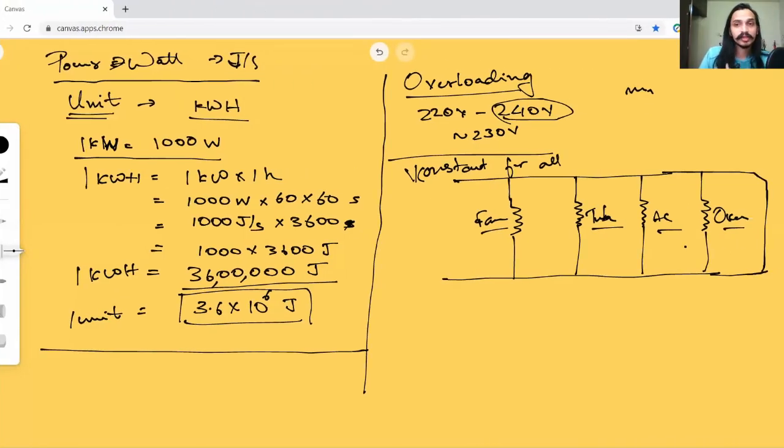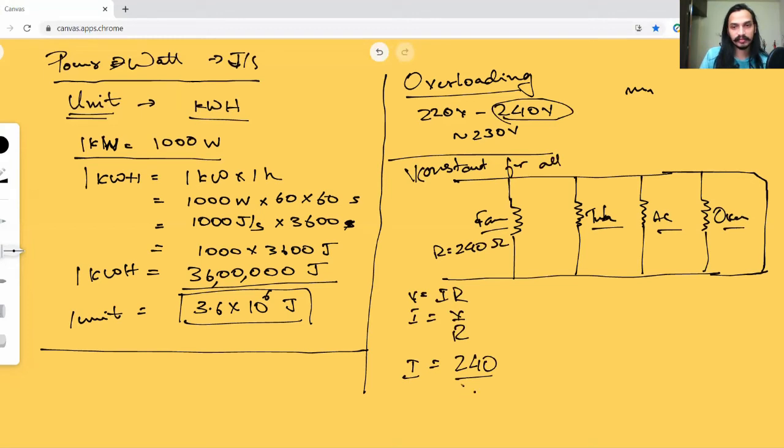Based on your resistance you will get a certain amount of current. For example, if the fan's resistance is 240 ohms, we know V equals IR, right? I equals V by R. So if I want to measure the current, I know the voltage, which is 240 volts. I just divide it by the resistance.